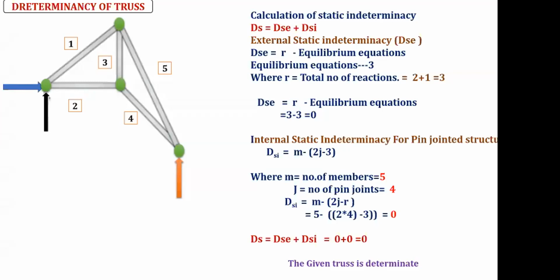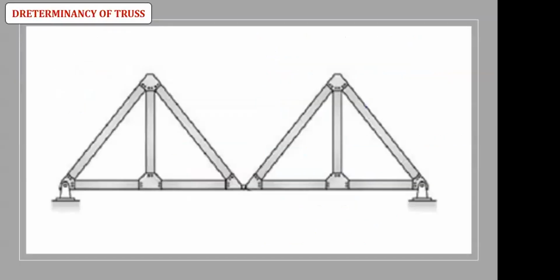In case of any interviews, anyone can ask, what is the benefit or use of calculating degree of indeterminacy? Depending upon the degree of indeterminacy, we can calculate how many additional compatibility equations we require. So now you take this one, third diagram.